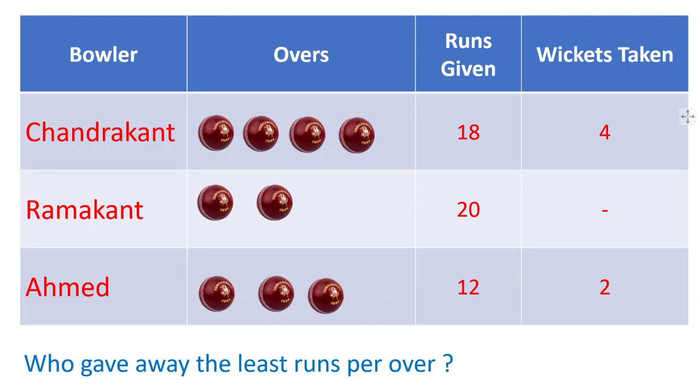From 4 overs, 18 runs. So 18 upon 4 will tell you how many runs per over. Then here it is 20 in 2 overs, 10 runs per over. Then 12 in 3. Naturally, Ramakant was a little expensive here in the case of number of runs given. In 2 overs, he gave away 20 runs.